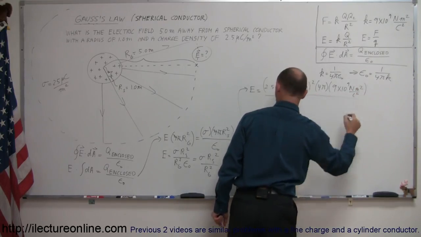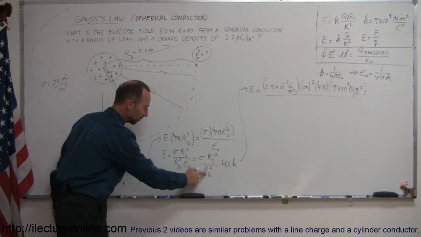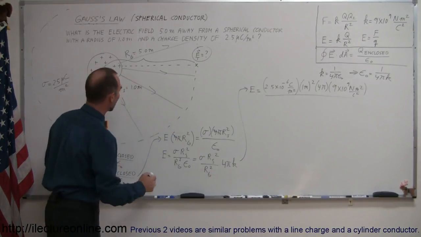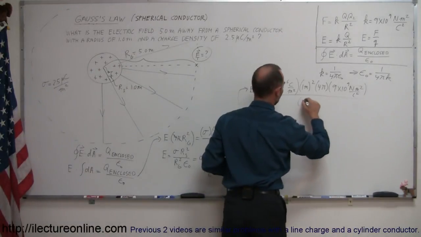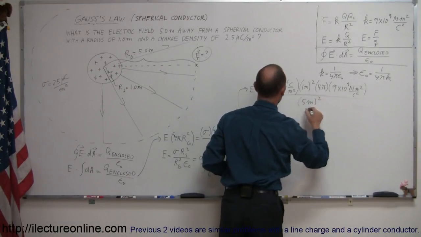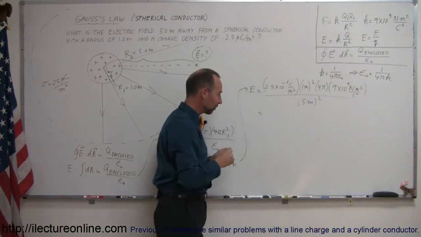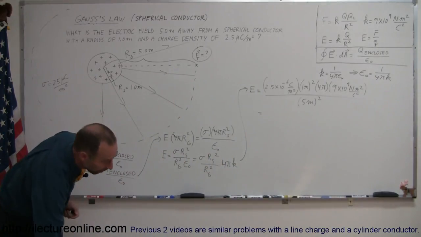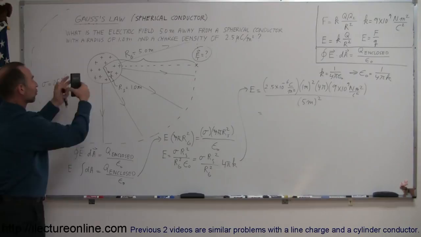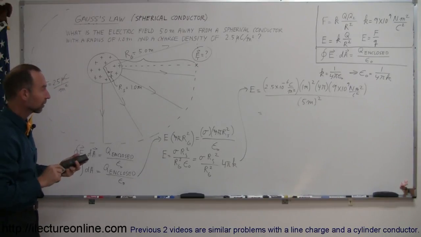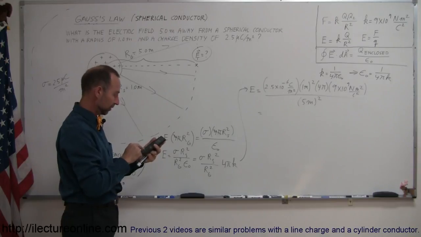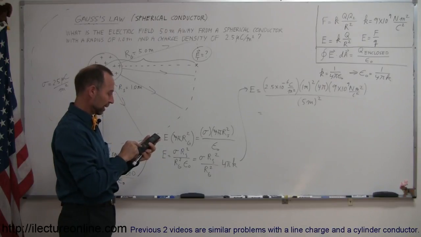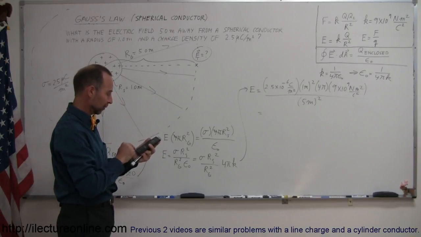And take the whole thing and divide it by what's in the denominator, which in this case is the radius of the Gaussian surface squared, which we believe is 5 meters. Yeah, right there, 5 meters. So 5 meters quantity squared. That will give us the strength of the electric field at a distance of 5 meters away from the charged spherical conductor. So let's calculate 2.5 e to the minus 6 times 4 times pi.